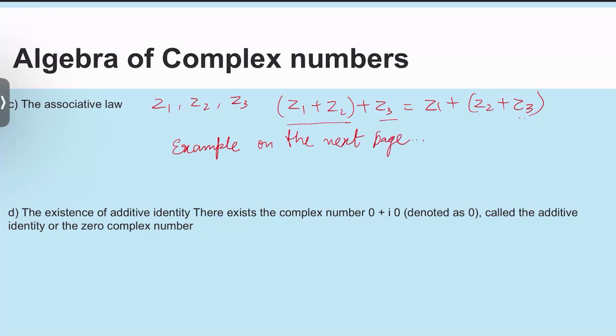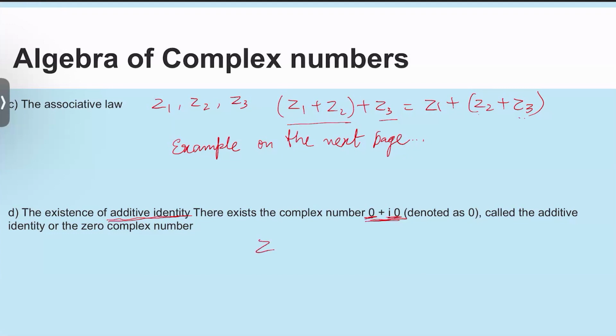Now we will see that there is a certain property that exists, called the additive identity. Suppose you have a complex number that is 0 plus 0i, where there is no real part and no imaginary part.